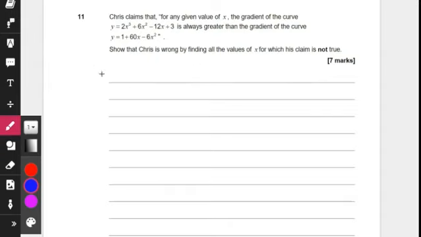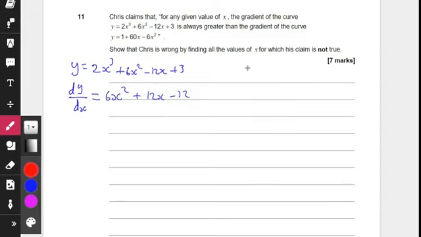So if we have y equals 2x cubed plus 6x squared minus 12x plus 3, well, the gradient is going to be got by differentiating. dy/dx equals 6x squared plus 12x minus 12.